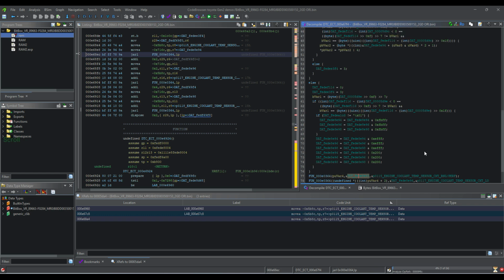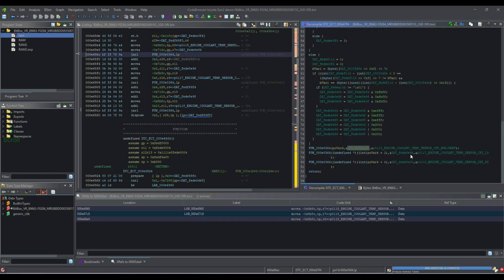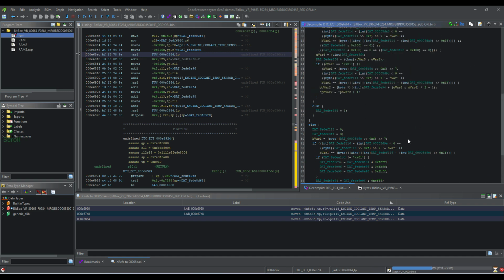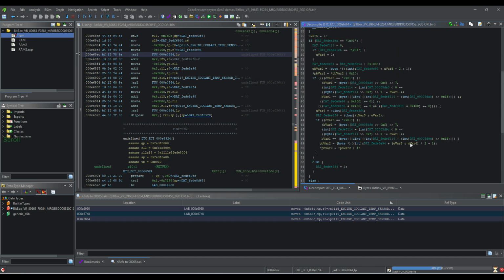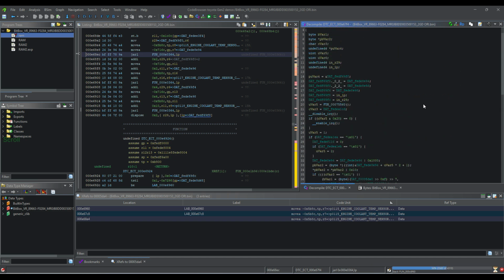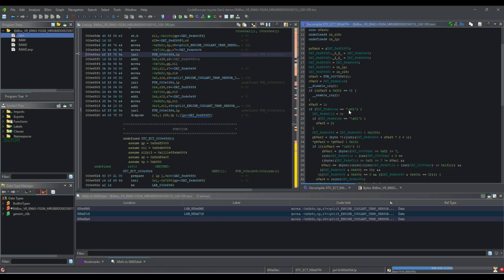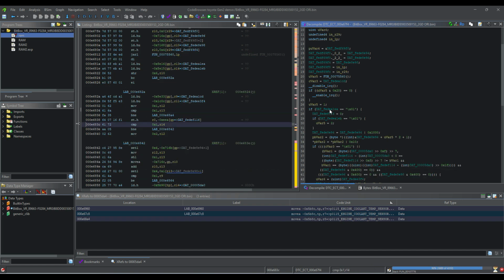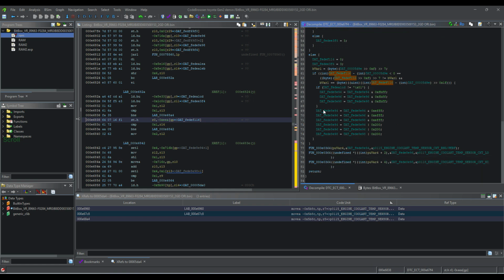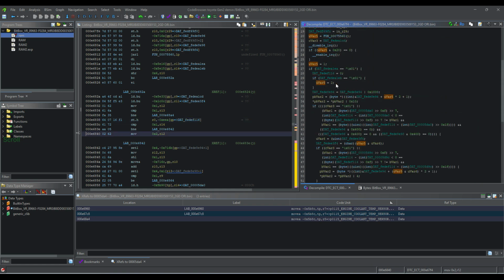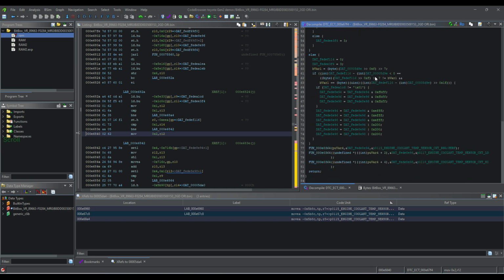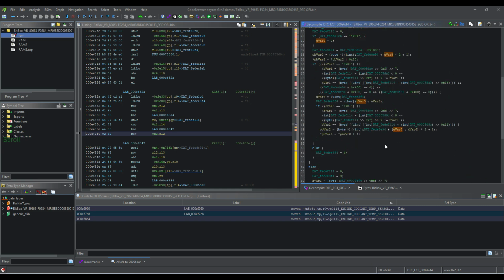So while that's completing, let's talk about this. I spent a bit of time looking at this a few weeks ago when I first started working on these Toyotas, and I tracked it up to the top here, essentially. And I realized that these two RAM addresses, if they are equal to, that sets this RAM address, which plays a strong role down here, and it sets this UVAR, which plays a strong role up here.